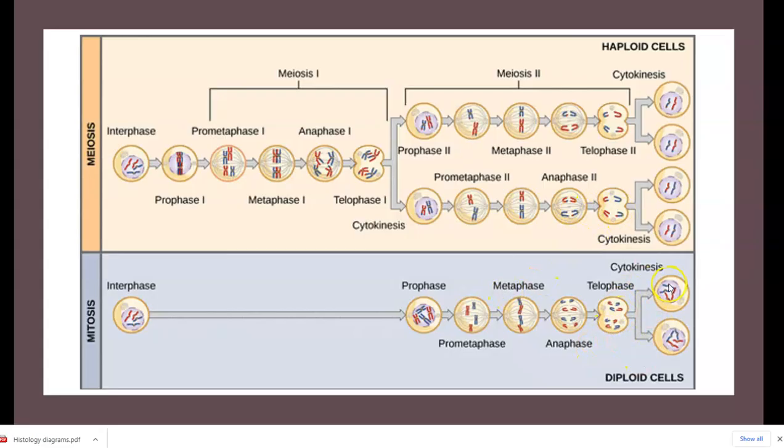The only difference is your end product is that you're going to end up with 4 haploid daughter cells in meiosis versus 2 diploid daughter cells in mitosis. So that's the big difference. The big difference between meiosis and mitosis happens in meiosis 1. So let's go talk about what homologous chromosomes are.